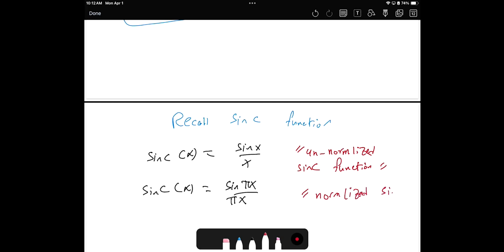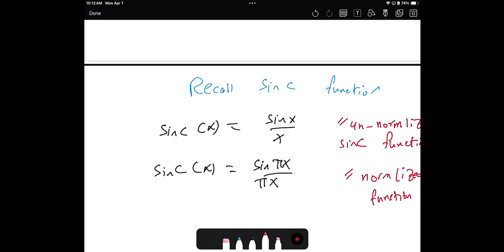Because in the unnormalized one, whenever we are dealing with sinc alone, recall it will be like this. The zero crossings will be at pi, 2 pi, 3 pi, and here negative pi, negative 2 pi, negative 3 pi. What's the point of using normalized?